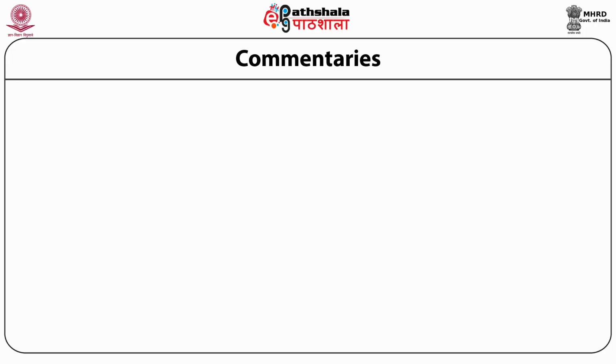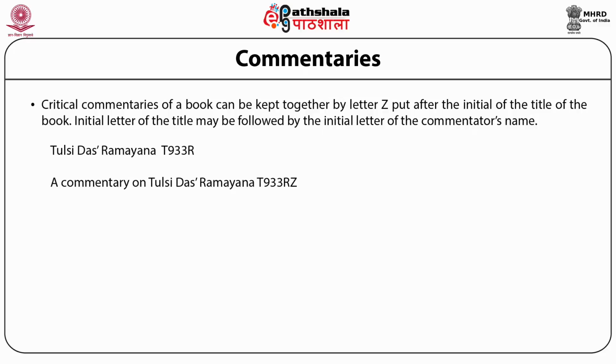Apart from translations and biographies, commentaries of a book can also be brought together. For example, critical commentaries of a book can be kept together by putting the letter Z after the initial of the title of the book, that is the work number. The initial letter of the title may be followed by the initial letter of the commentator.